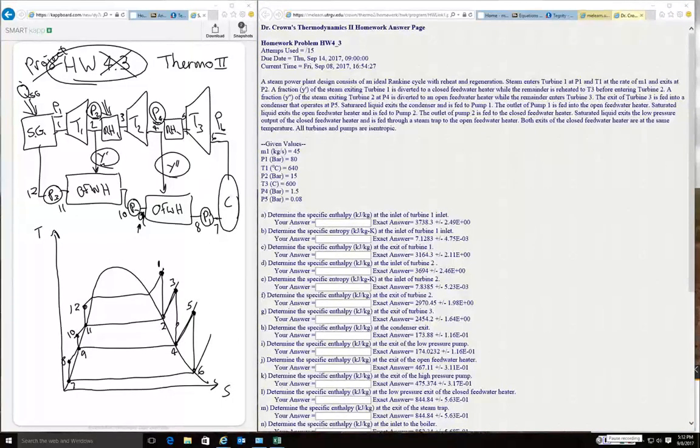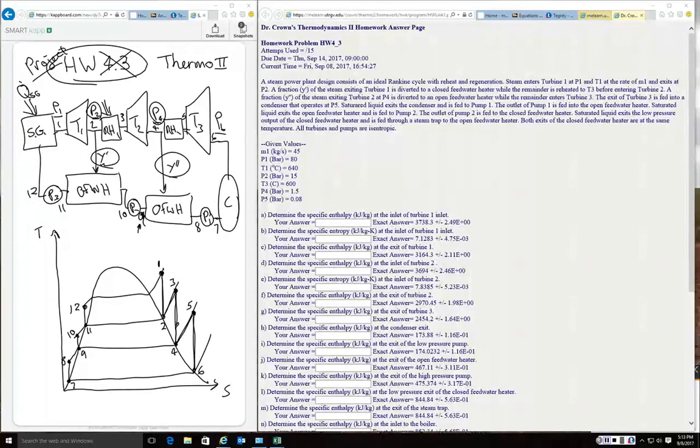I noticed when I finished that my TS diagram didn't come out so well on the saturated liquid line. So I redrew things. Here's turbine 1, turbine 2, turbine 3 with the 2 reheats.